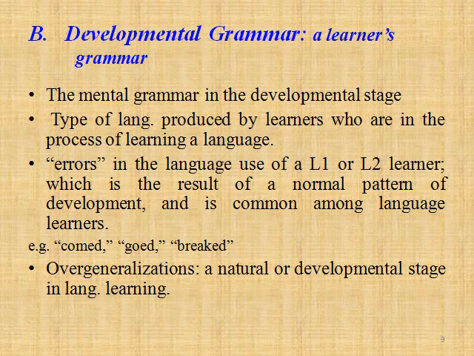Two, developmental grammar, a learner's grammar. So the mental grammar in the developmental stage. Here, it is the type of language produced by learners who are in the process of learning language. Errors in the language use of the first language or second language learner are the result of a normal pattern of development and are common among language learners.